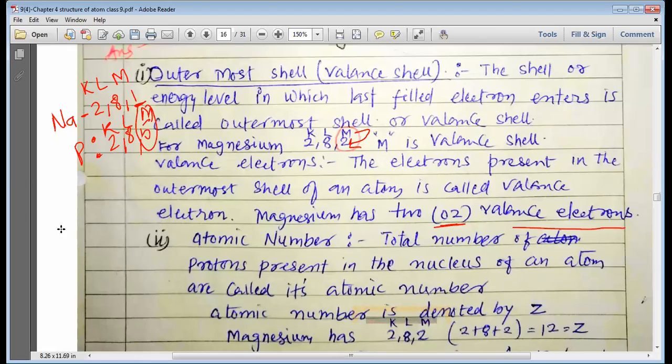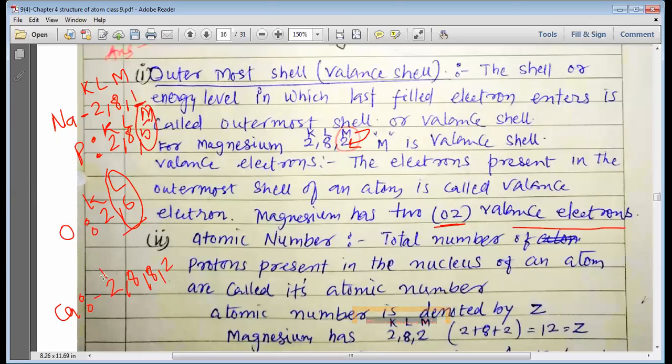If you look at oxygen, the electronic configuration of oxygen is 2, 6. So it has 2 shells, K and L, and the L shell is the outermost shell, and it has 6 valence electrons. If you look at calcium, the electronic configuration of calcium is 2, 8, 8, 2.